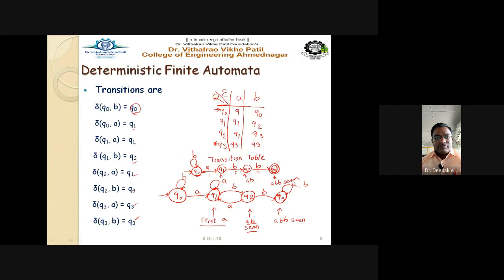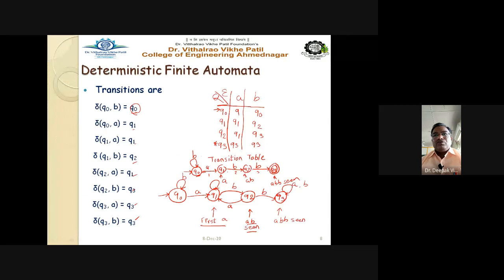While drawing the transition graph, you have to see that each state must have a transition on each input symbol. With 2 input symbols and 4 states, there must be a total of 4 into 2, 8 transitions. This is the method by which we draw the DFA, deterministic finite automata.